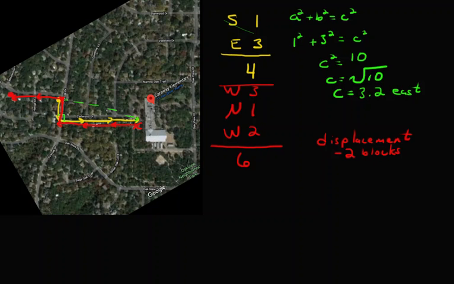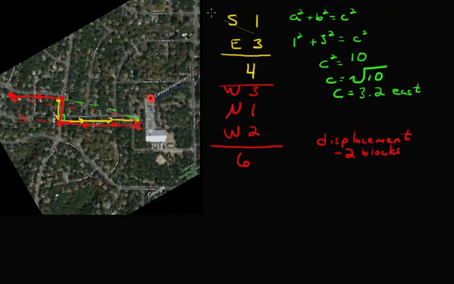If this is the positive direction, she has passed where her origin was, and she's gone in the other direction, and it's negative 2 blocks. Or she's going to have to do Pythagorean's theorem to figure out what that hypotenuse is, to find out what her displacement from where she started at home is.